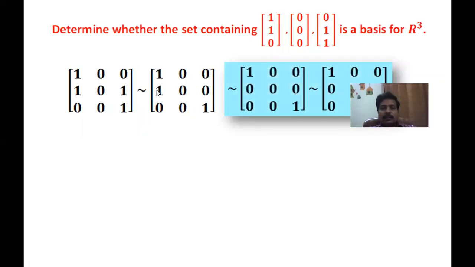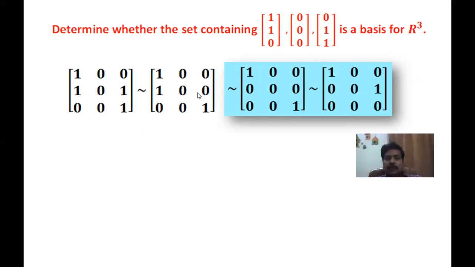Here we can see that these two are the same. So I can subtract R2 from R1 so that it will become a zero row. 1 minus 1 is 0 and the remaining two are also zeros. By interchanging these two rows, I can take the zero row below the non-zero rows.